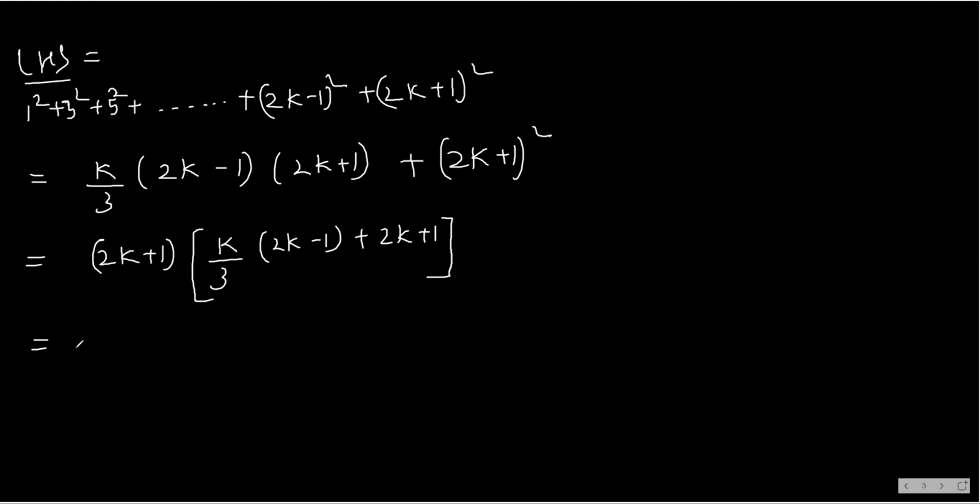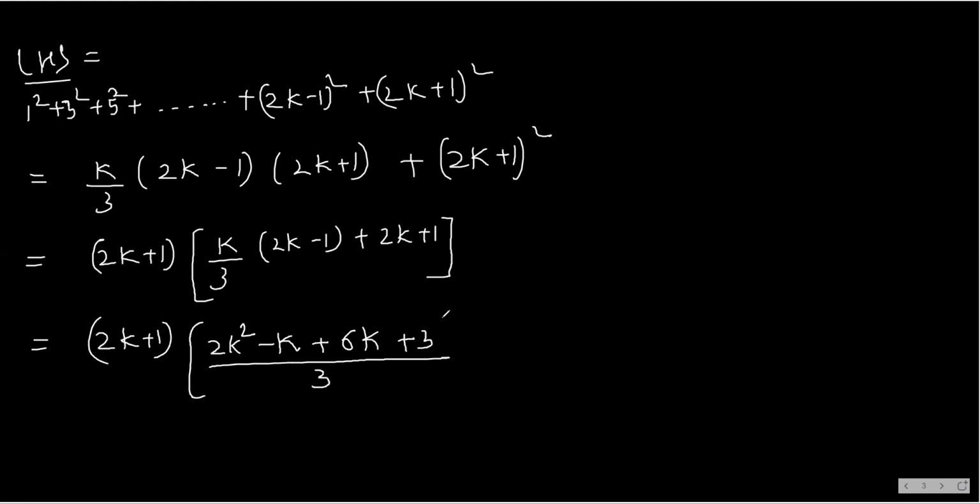Now simplify this. So 2k plus 1, and this will become 2k square minus k plus 6k plus 3 upon 3. Okay, I'm taking the LCM.